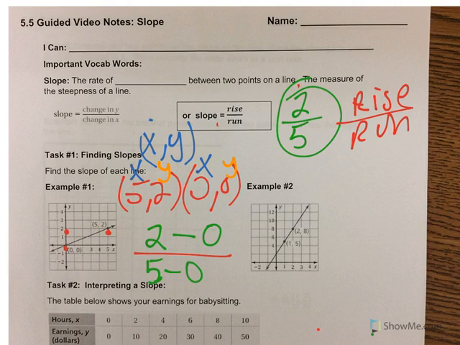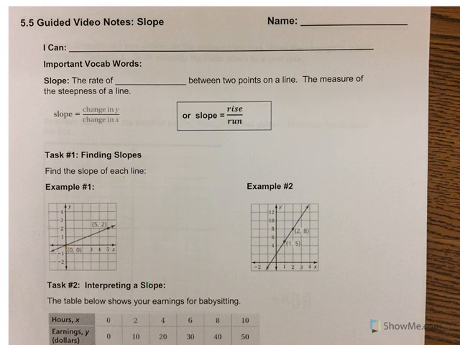It doesn't matter which order you subtract them in. I subtracted 2 minus 0 on top, but you could have it the other way around, 0 minus 2. If you do that, you need to make sure you're subtracting them in the same order.